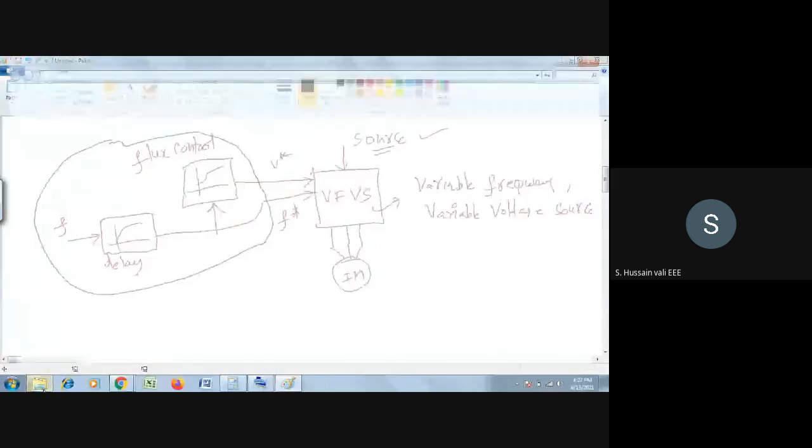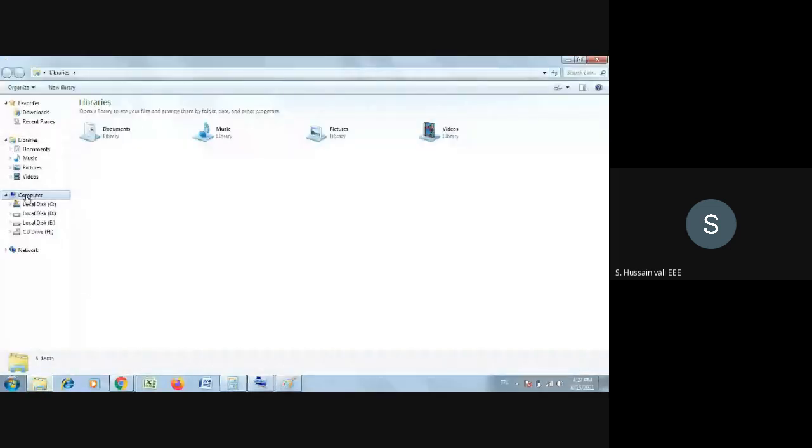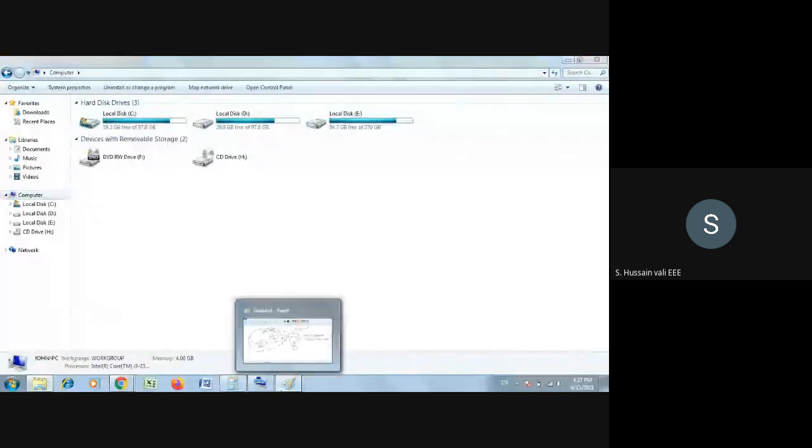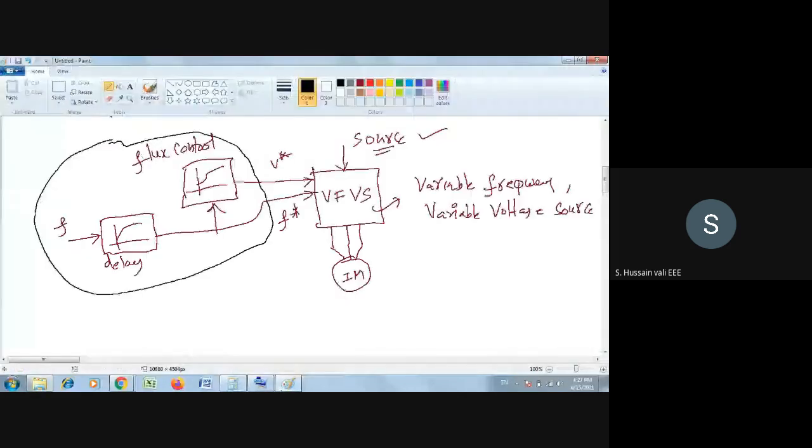I will show you the graph here so that you will easily understand. It is voltage, it is frequency.